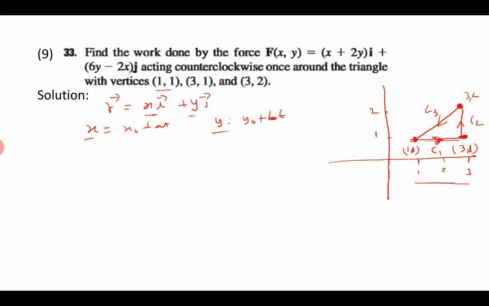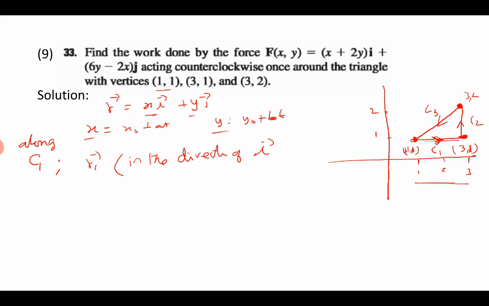First I am writing r1 vector for c1, along c1, isn't it? I want r1 vector. So what I am doing, in the direction of i, there is a change of 2 units. So here 1 to 3 is 2, isn't it?